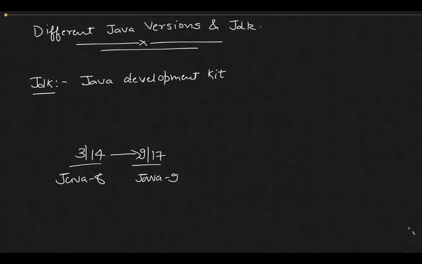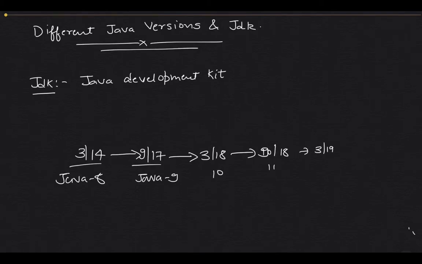And then after Java 9, every 6 months there was a new Java release. So in 3/18 there was Java 10, and then September 18 there was Java 11. Then again in March next year Java 12, and then Java 13, and in 9/20, Java 15 came, which is the latest Java.